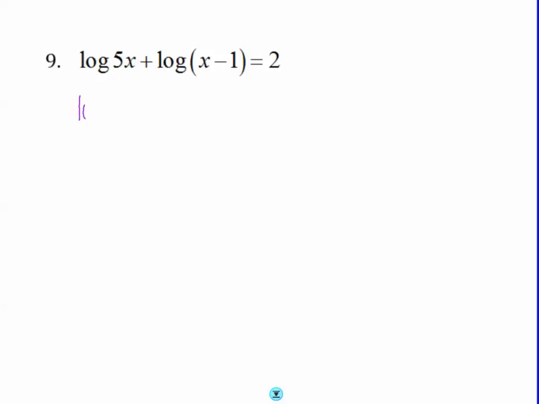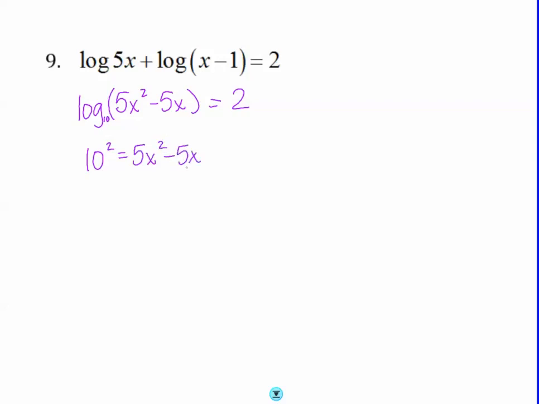So if I remember my properties from last class, since we are adding these logs, I would then multiply 5x times x minus 1. And if you remember from the last notes, if there's not a base written, the base is 10. So I can go ahead and switch this to be an exponential. I have 10 squared equals 5x squared minus 5x.